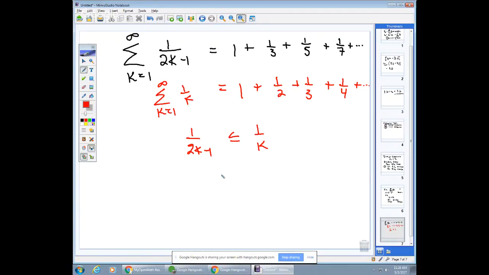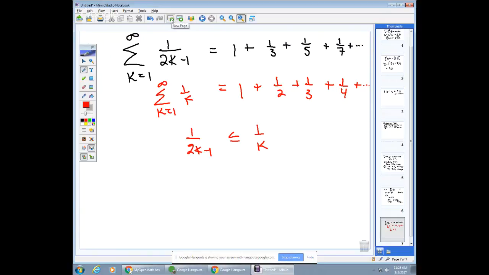Right. So sometimes direct comparison is helpful if they fall on the right side of each other, but other times it doesn't. So I'm wondering, well, okay, so that doesn't help either, but let's see, these guys diverged, but I took half of them out. Maybe it'll converge.